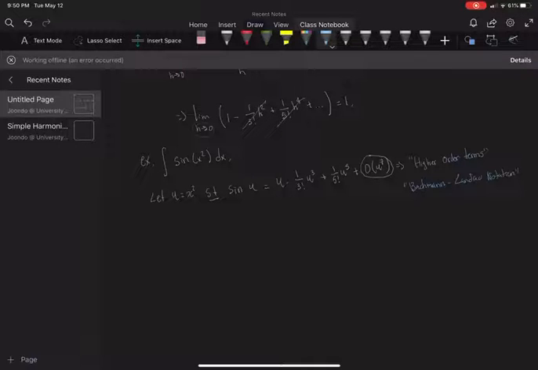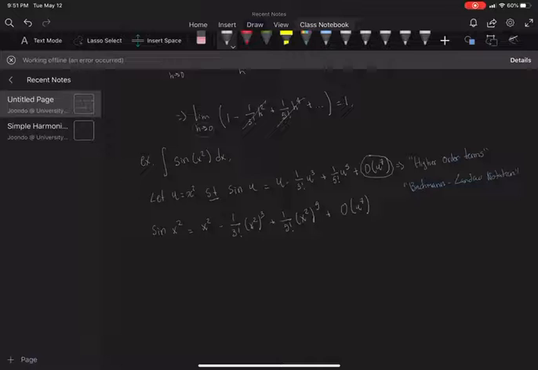So if u is x squared, sine of x squared is what? It's going to be x squared minus 1 over 3 factorial x squared to the 3rd power plus 1 over 5 factorial x squared to the 5th power plus o of the 7th order term, right?